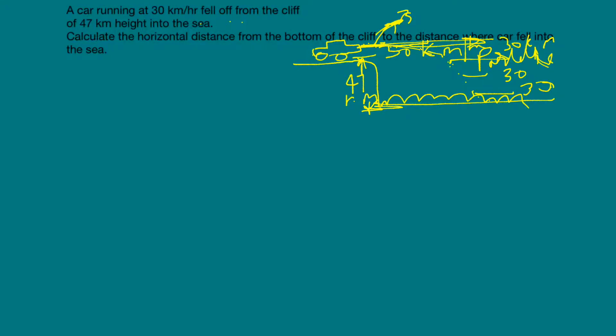So we have written here 30 kilometers per hour, and we want to find this distance where it is dropping, from here to here. This is the distance being asked, this is what we want to find out. Now we will write whatever parameters we know for x and y.